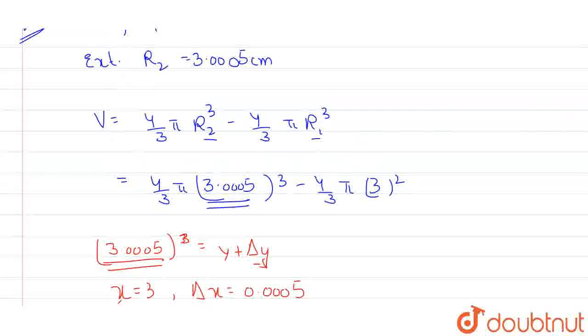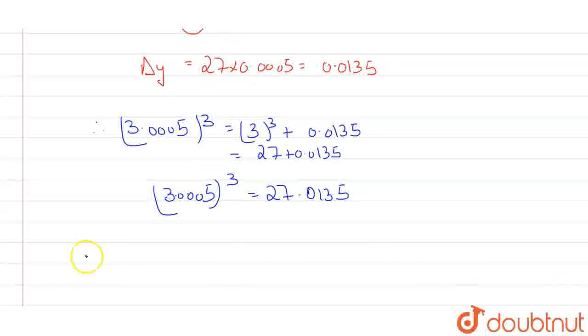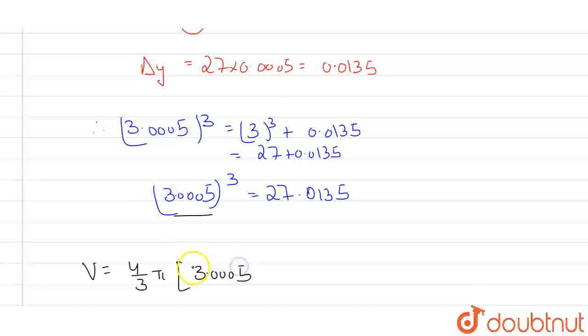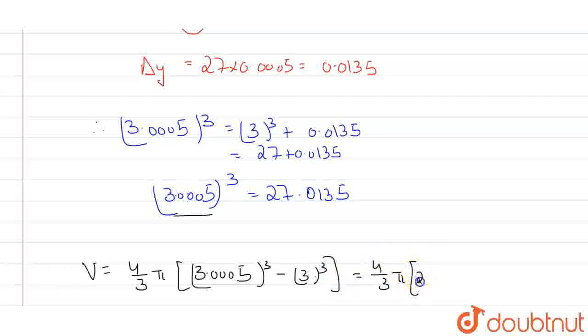So if you put this value in this equation, to find out the value of V, we can see that V will become 4 by 3 pi, which we can take common from this equation. This is 3.0005 cube minus 3 cube. Let's make it simpler to understand for you guys. These are the values, so this will become 4 by 3 pi, and the answer is 27.0135 minus 27. We just found the value of 3.0005 cube using approximation.